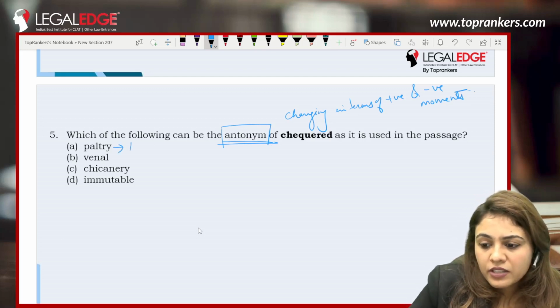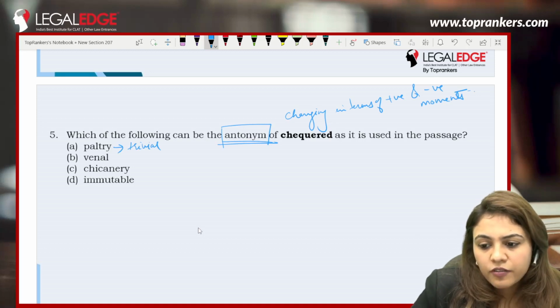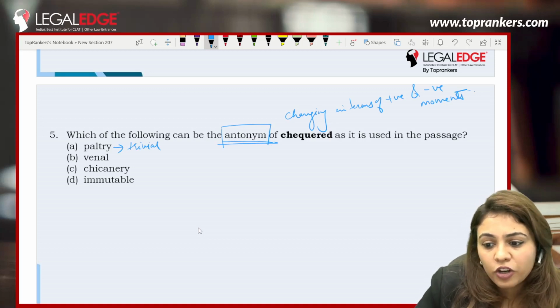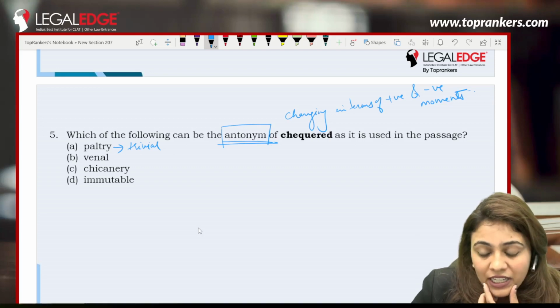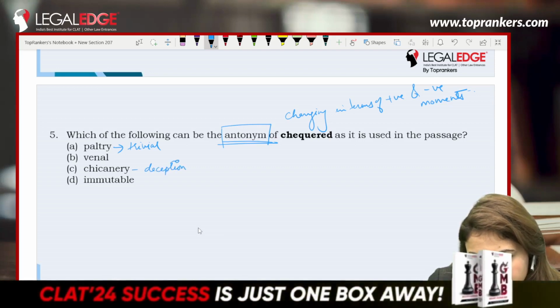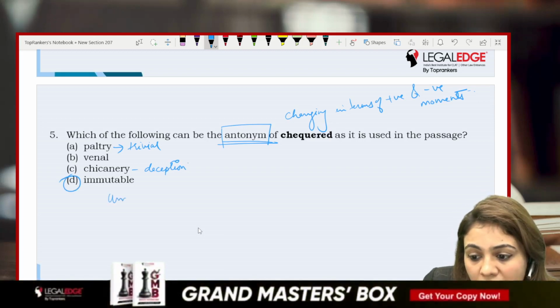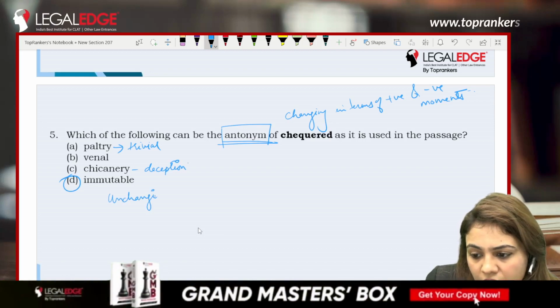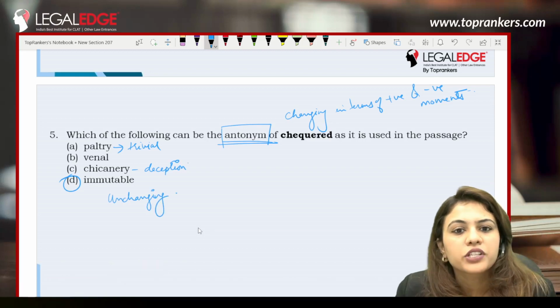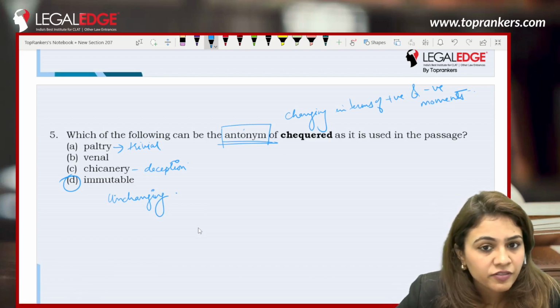Paltry basically means trivial, not really useful. When it comes to venal also cannot really be the answer. And chicanery has to do with deception. The answer that comes closest, immutable का मतलब होता है unchanging, which is our answer. We need to find the opposite, and that's what we have found.